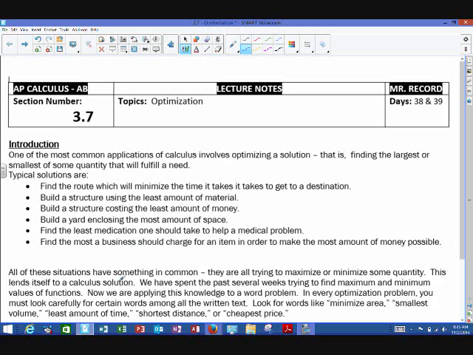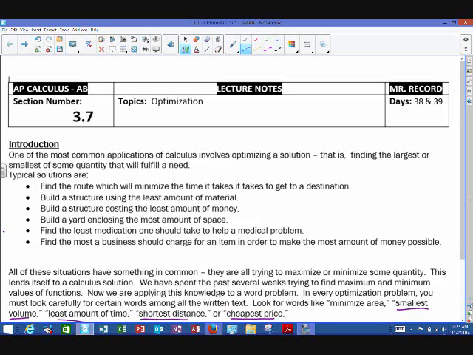Anytime you're looking to find things like the smallest volume, the least amount of time, the shortest distance, the cheapest price, things that businesses are always striving to do to keep afloat in this very competitive free market economy, optimization is typically something they're going to be looking at on a daily basis.